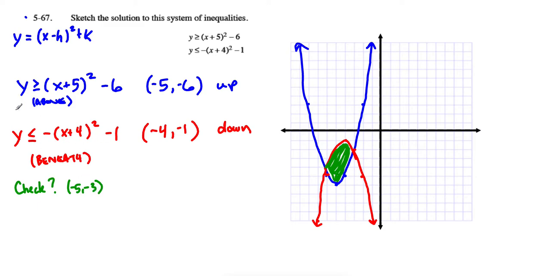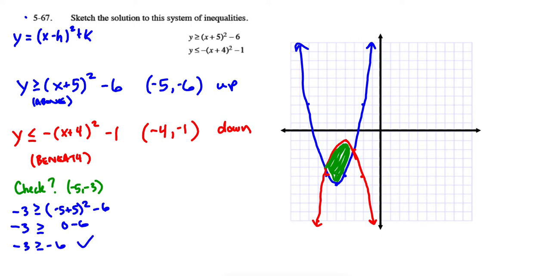So let's look at our blue one first. -3 is greater than or equal to -5 plus 5 squared minus 6. Well, this is going to be 0. 0 minus 6 is going to be -6.